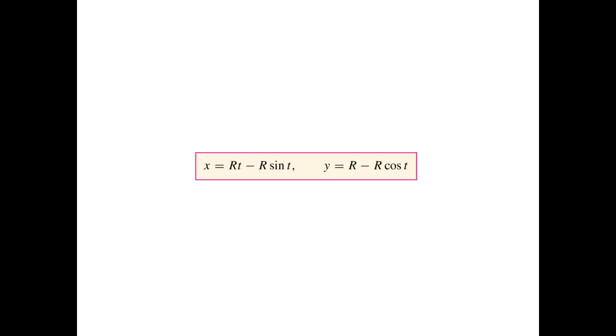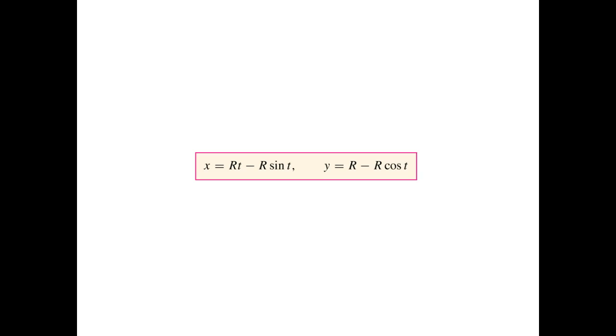Before that was 1 times sine t. So it's rt minus r sine t. And similarly before, that radius was 1, that's where that 1 came from before, so that's going to be r then. And then you're going back off from that r cosine t, that's the distance here, so that's going to be your y displacement.